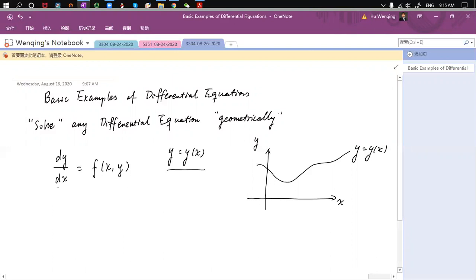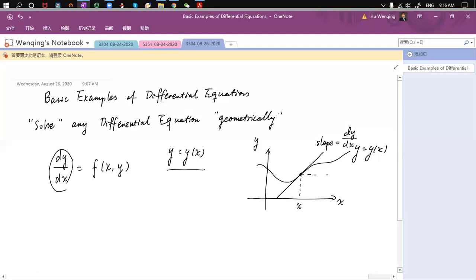Well, you have to first interpret what dy over dx is. Suppose you're at the point x here, and how do you describe dy over dx? It's very simple. You should draw a tangent line, a line that's tangent to this curve, and then the slope of this tangent line is going to be equal to dy over dx.